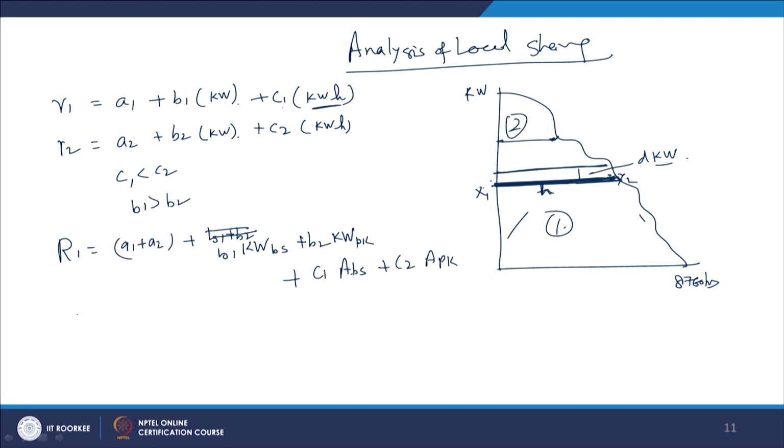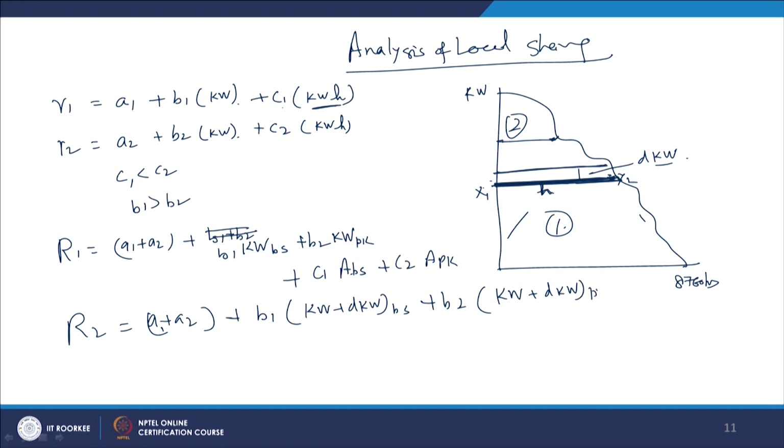When some d kilowatt is added, then R2 is A1 plus A2, this is going to remain same, plus B1 kilowatt plus d kilowatt base, right, plus B2 kilowatt plus d kilowatt peak, right, plus C1 d kilowatt into H, because this is H. So, we will take the area d kilowatt into H.